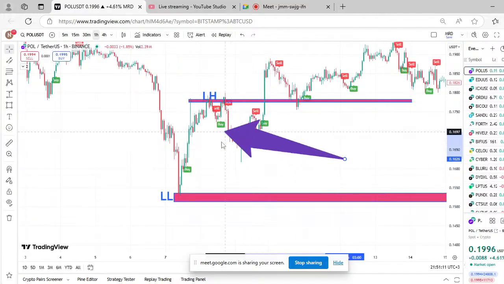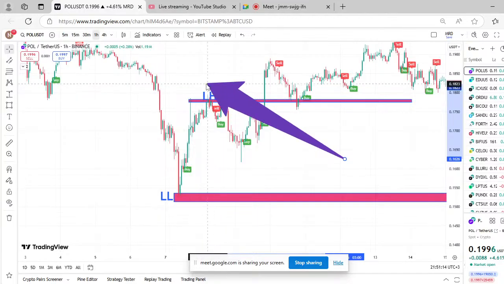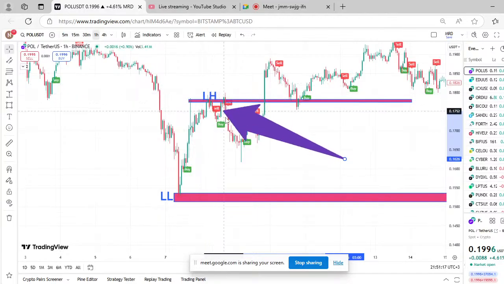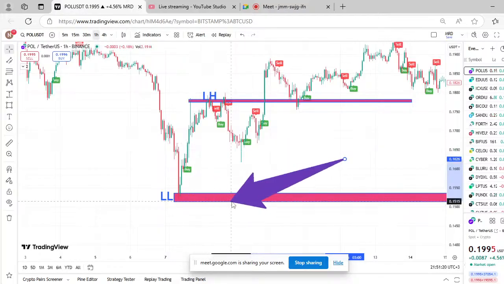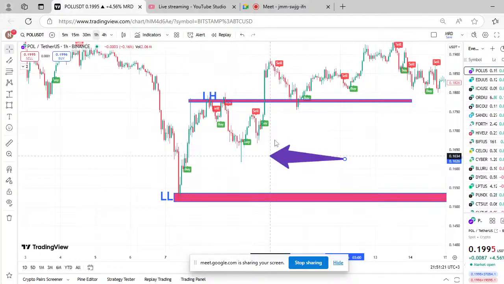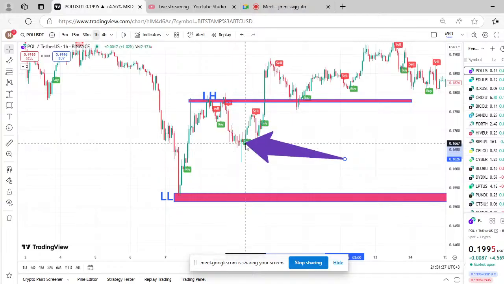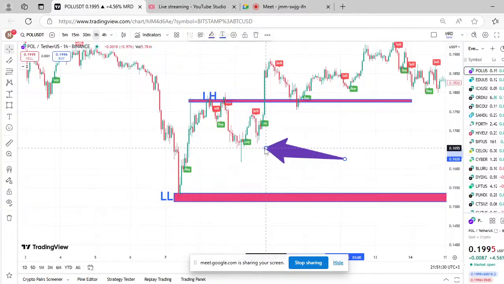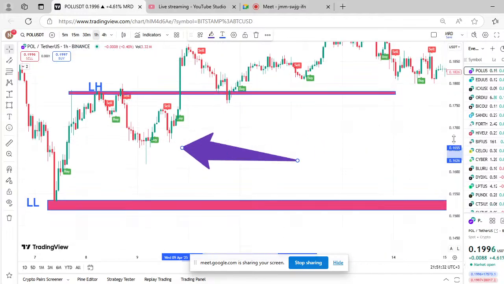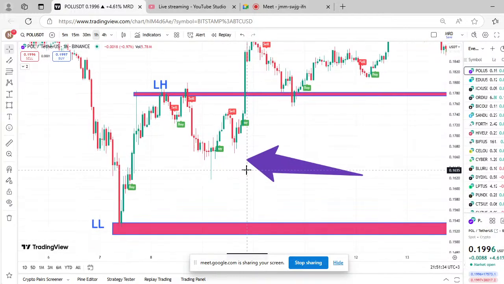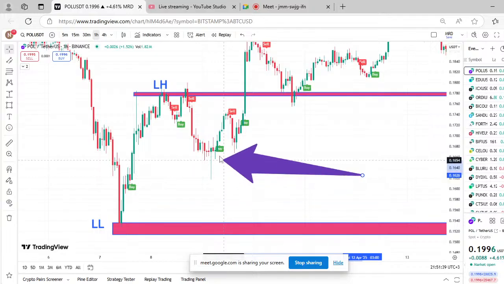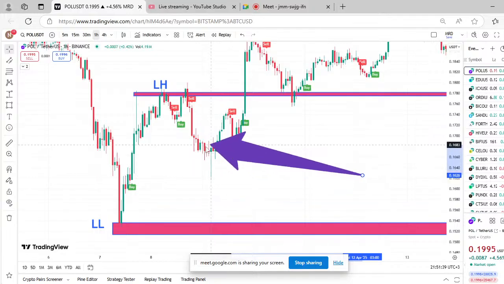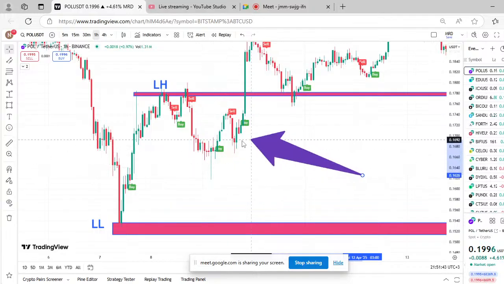Whenever the market fails after forming a lower high, it was supposed to come back and break this lower low. But whenever it stopped along the way, you can see that with this pin bar, the market is trying to show you it is no longer interested in moving down because buyers are taking over.